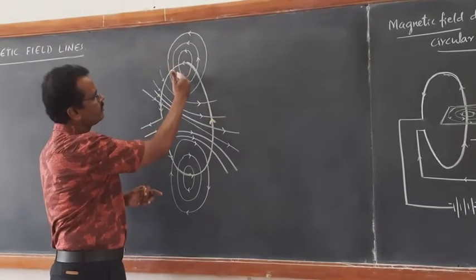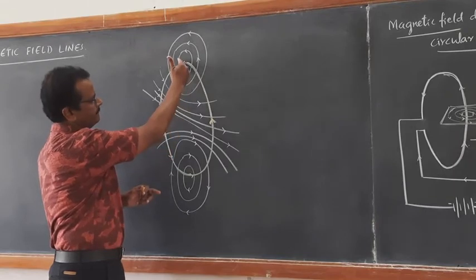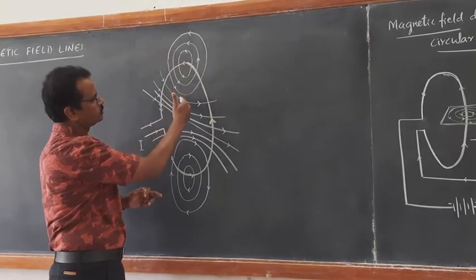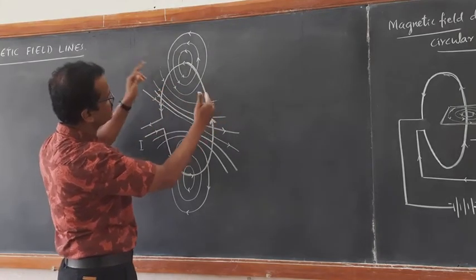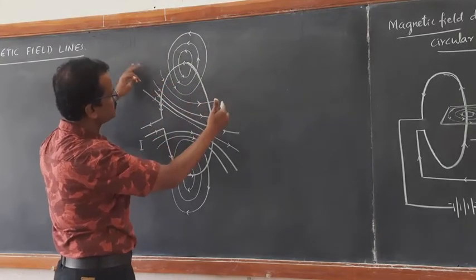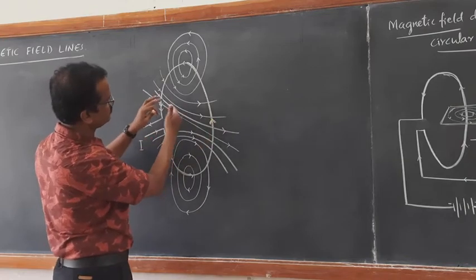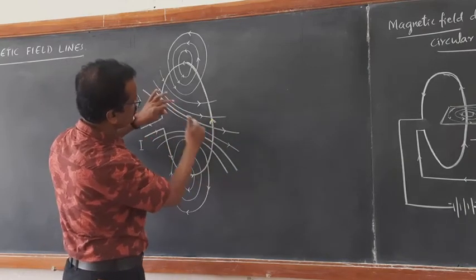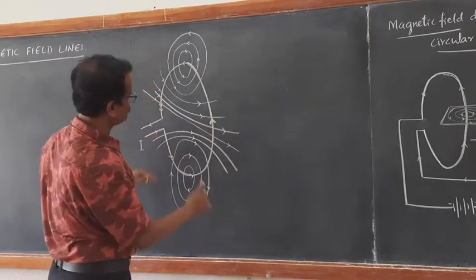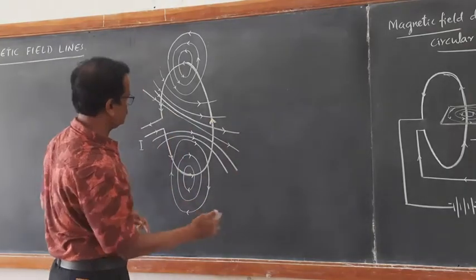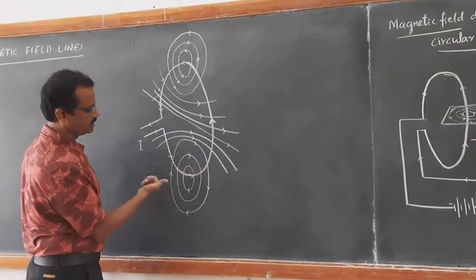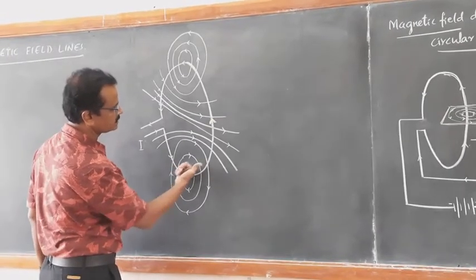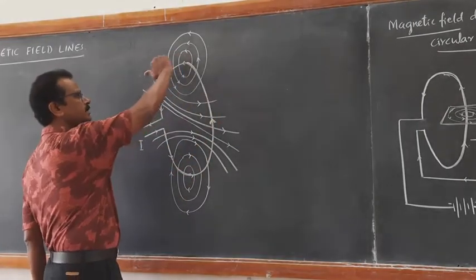But as you move away from the top end, close to the center, the field lines are becoming larger and larger in size. Exactly at the center, you see, the field line is becoming almost a straight line. So here also at the bottom end, the current is entering like this, and here the current is coming out.